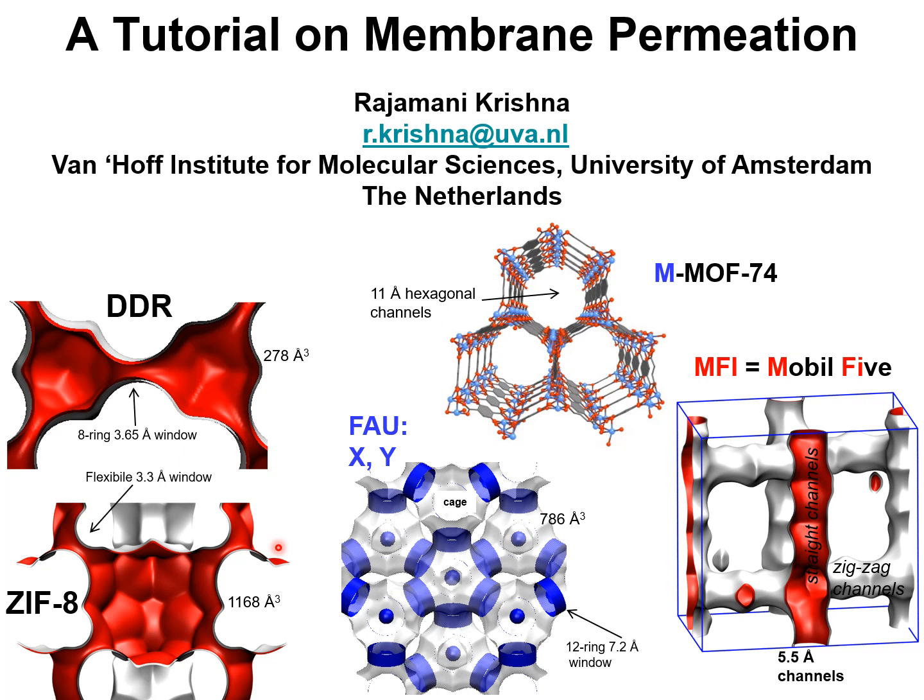And in this presentation, we focus on the important characteristics that determine the performance of a membrane, and that is the membrane permeance and the membrane selectivity. Ideally, we would like to have a combination of high permeance concomitant with high selectivity.